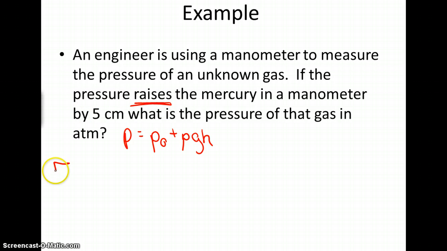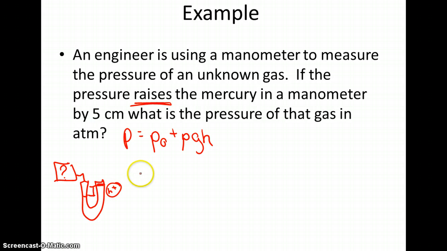If I'm going to draw a graphic of this, I've got my unknown gas, which is feeding into this U-shaped tube, and I know I've got mercury on the inside. My H is here, and my H is going to be positive in that situation.